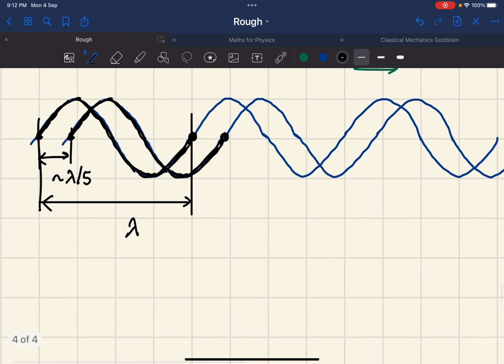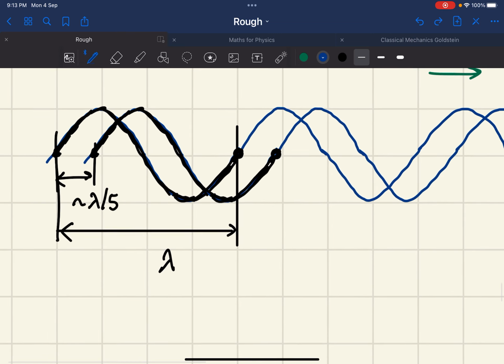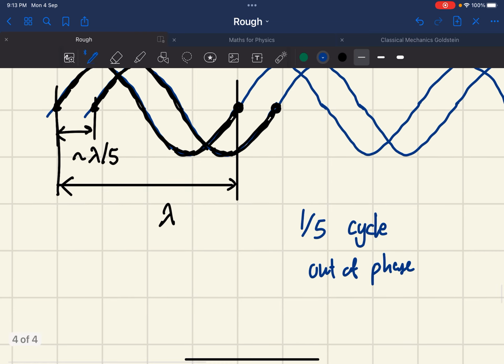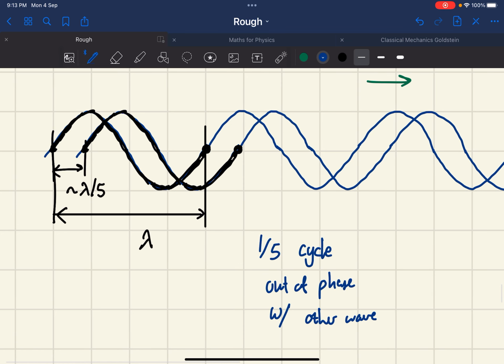So we say that this wave here is 1/5 of a cycle out of phase with the other wave. Right?